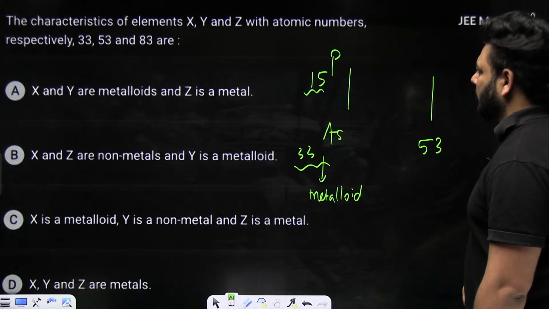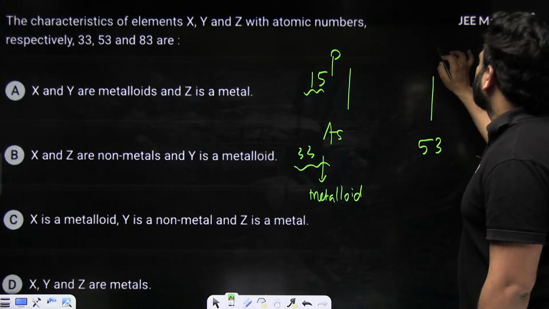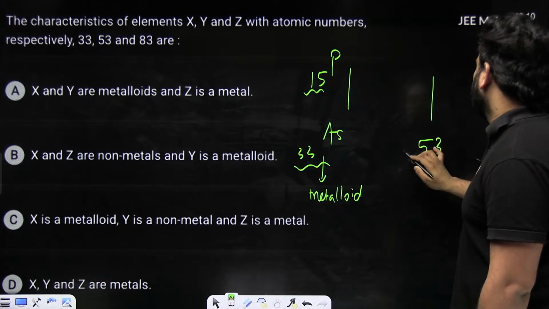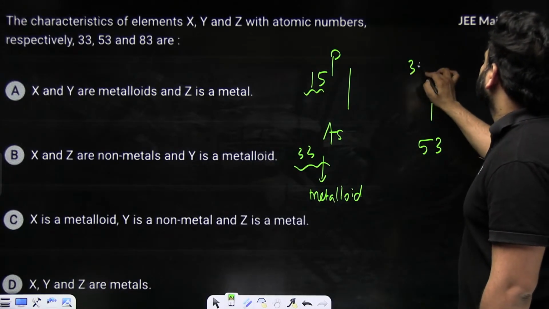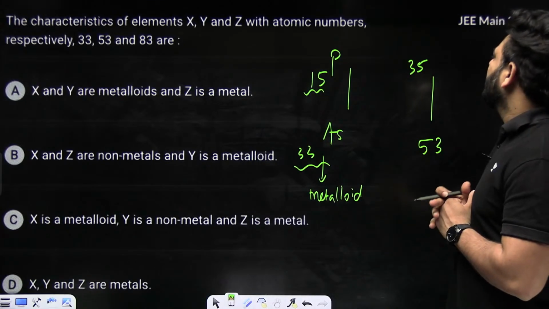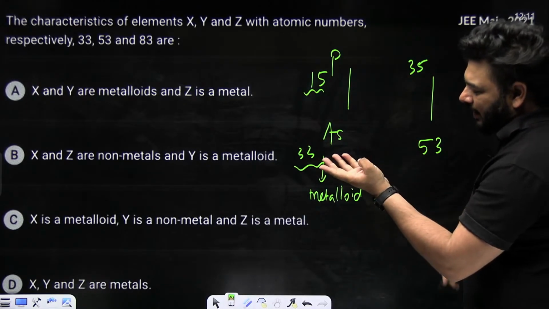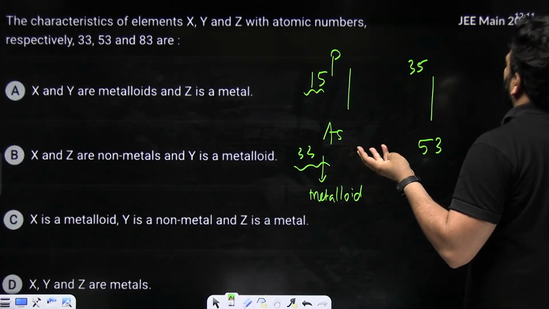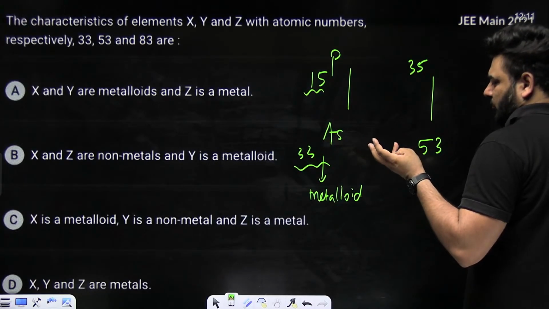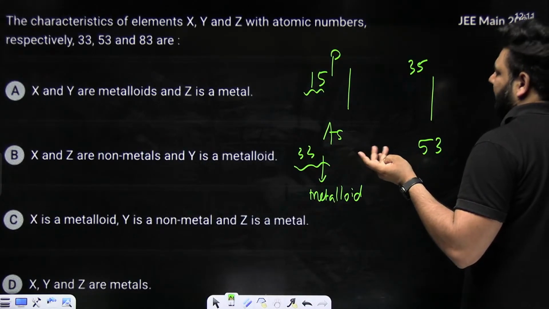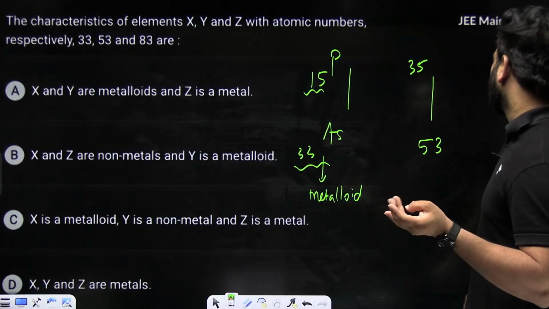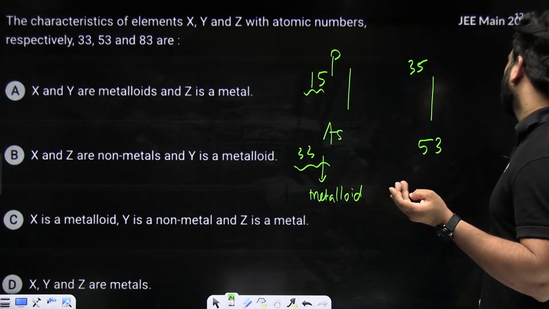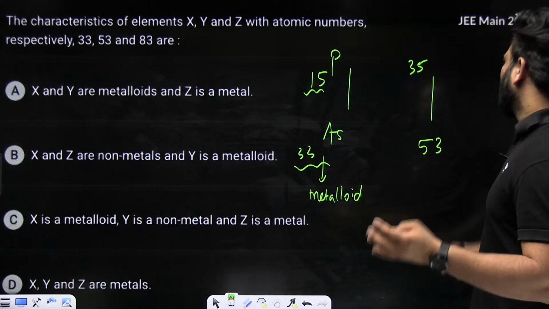And where do we get 35? Okay, gallium is actually 31. So 13, 14, 15, 16, 17. 17th group we are talking about. I think this is bromine.